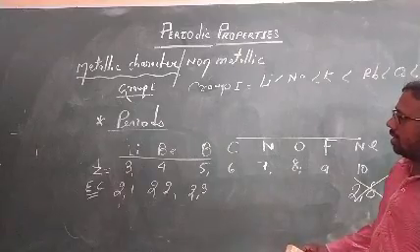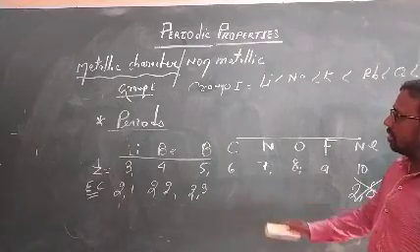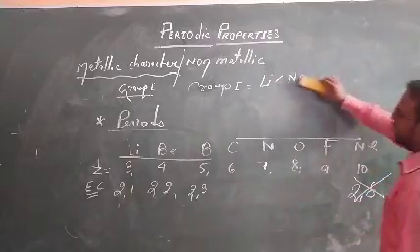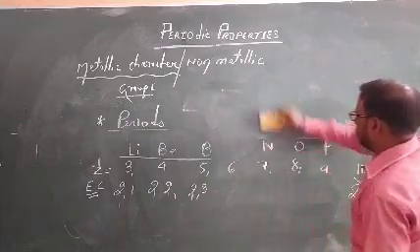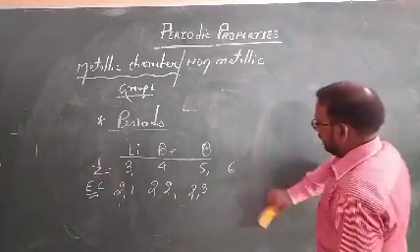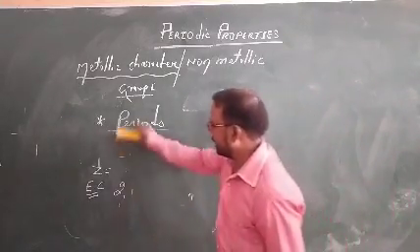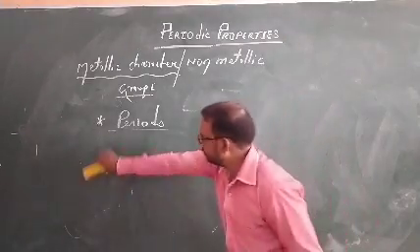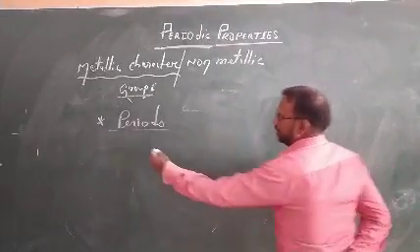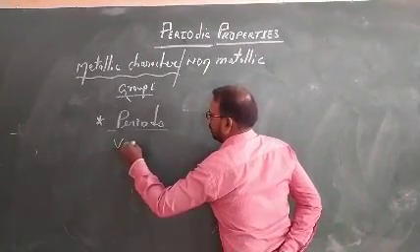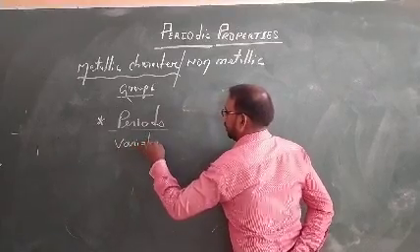Now, if I talk about the metallic character, first we have to talk about the basic character and acidic character also, but before that I have to talk about variation in period.